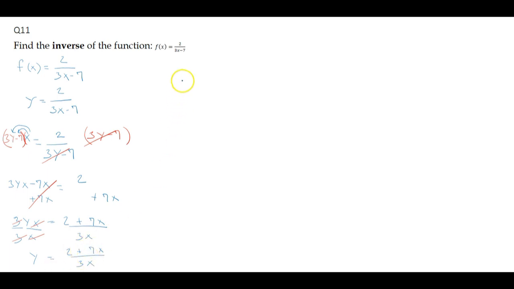The last step for the inverse will be to change the y to f of x to the minus 1. That is the symbol for the inverse. So that's our final answer.